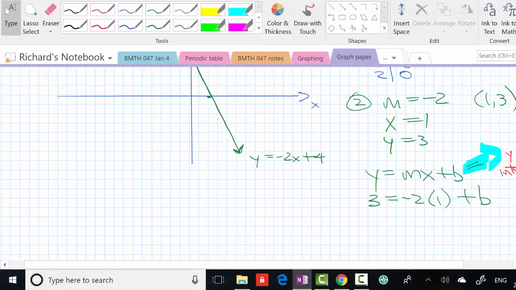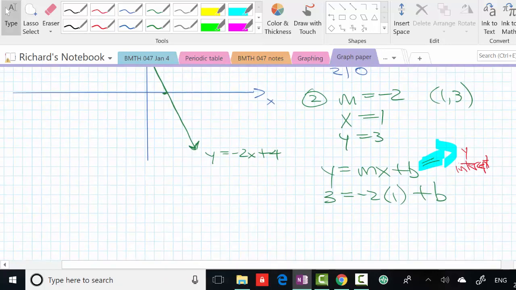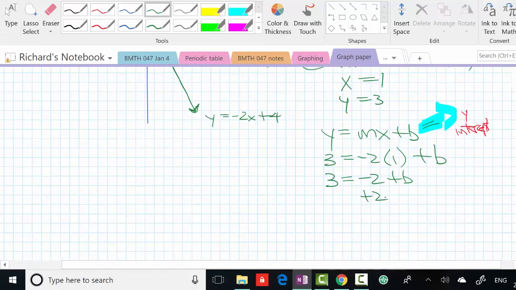I'm going to calculate that for equation 2 because I need that piece of information to complete the equation. 3 equals minus 2 plus b. I solve for b, so I add 2 to both sides, and I end up with 5 equals b. That means equation number 2 is going to be written as y equals minus 2x plus 5. So that's equation number 2.